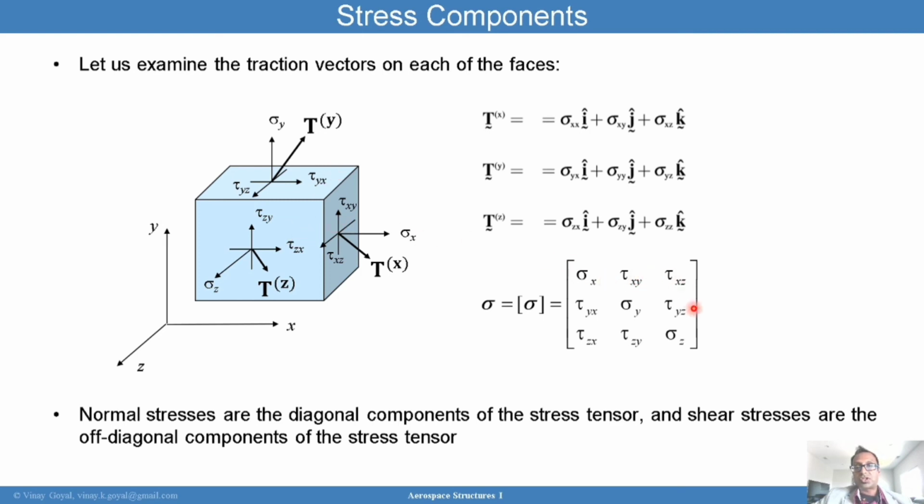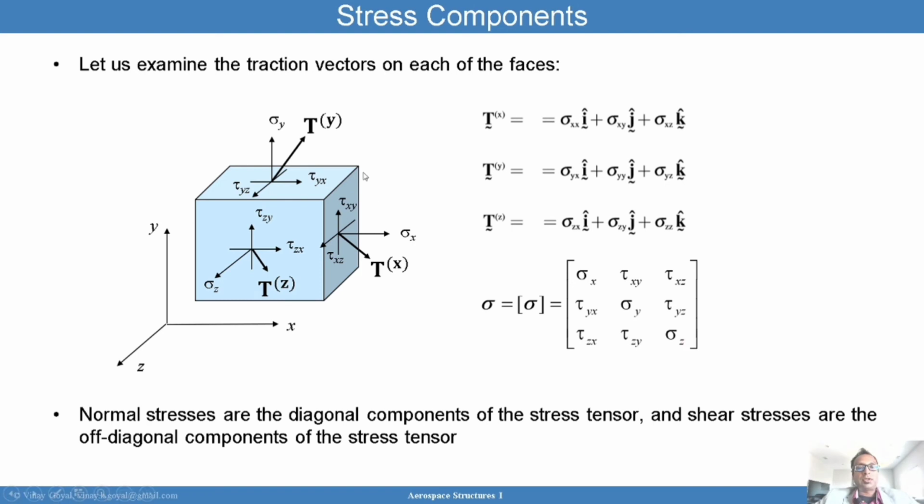These shear stresses cause the cube to distort, while the stress components in the diagonal terms cause the cube to expand in all three directions or contract. So these are the 9 components of stress.